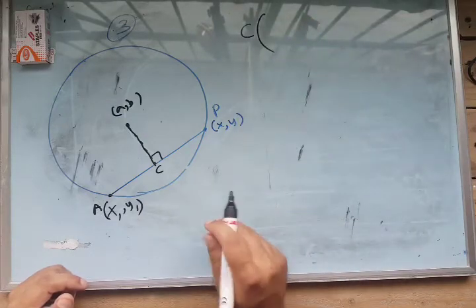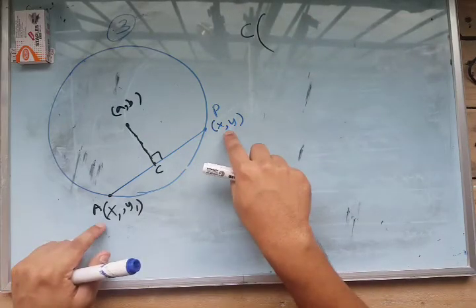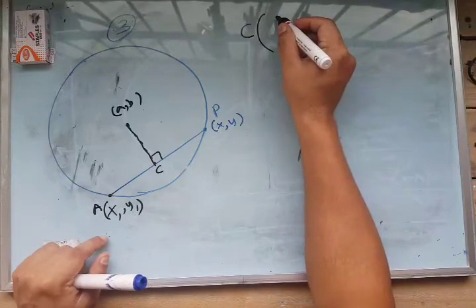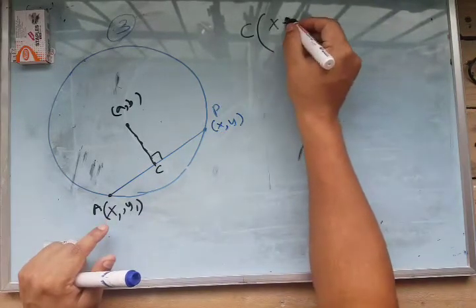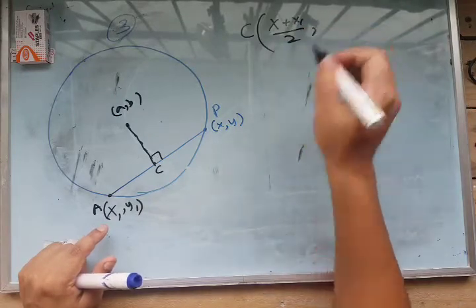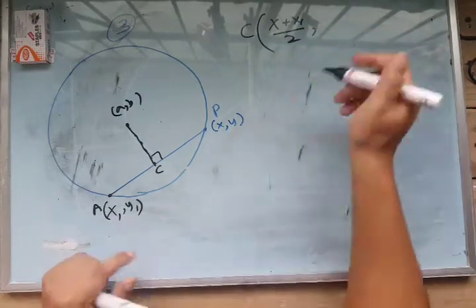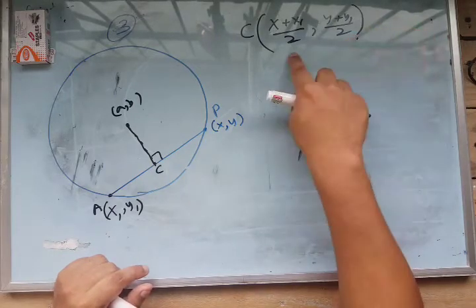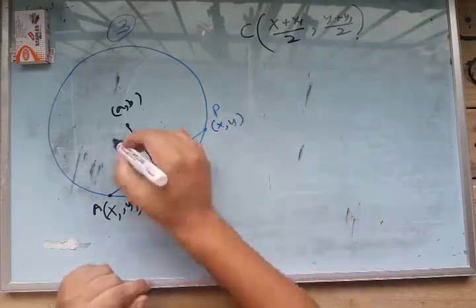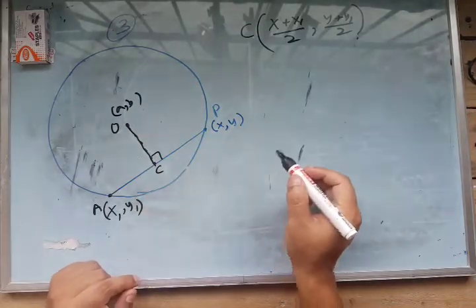So how do you find the coordinates of C? Given two coordinates, the x coordinate would be the average of these two, so x plus x1 divided by 2, and the y coordinate would be the average of these two, y plus y1 divided by 2. So this is the coordinate of C. So here O, right?